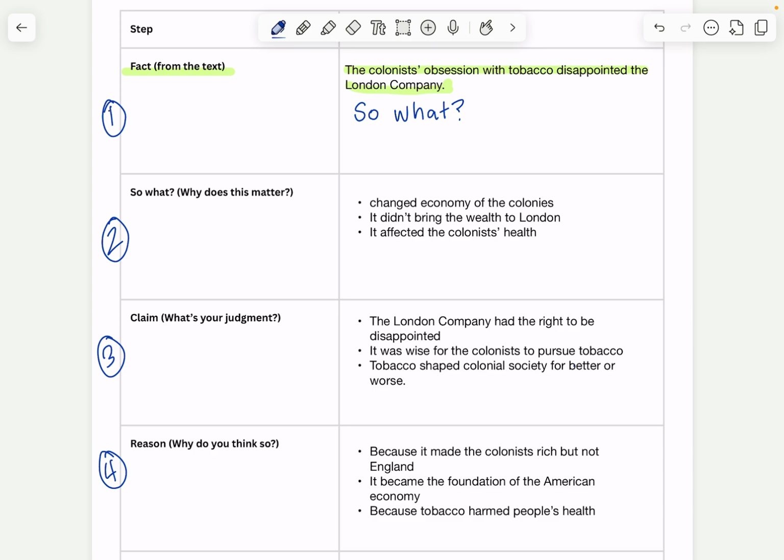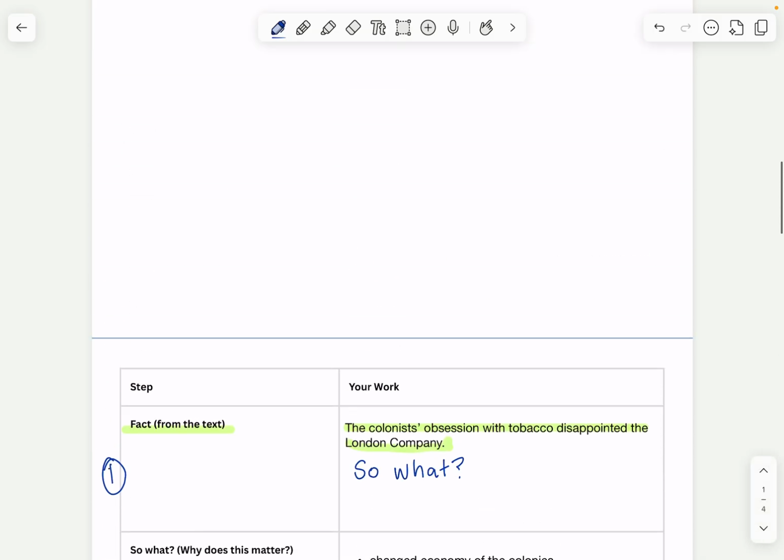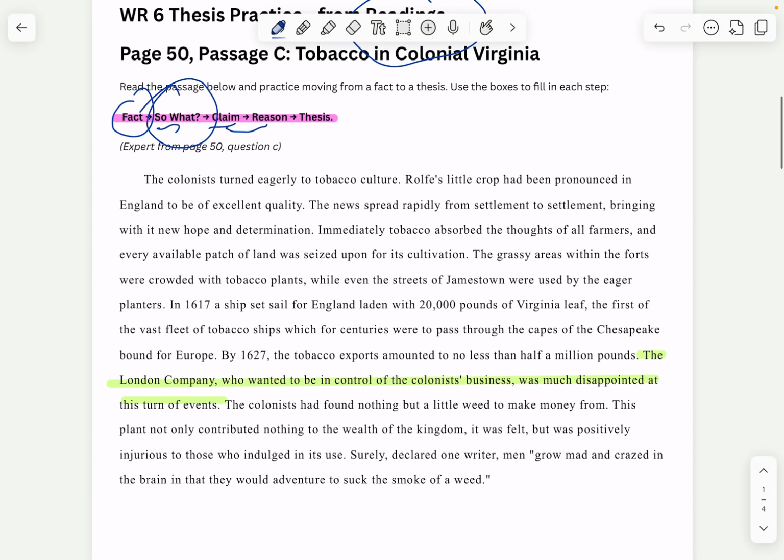I think the WR book might have 3. We need to practice gathering the information so that we can build multiple thesis statements, so that we're looking at a reading from different lenses. There are different judgments, different stances that you could have on the information in this paragraph.